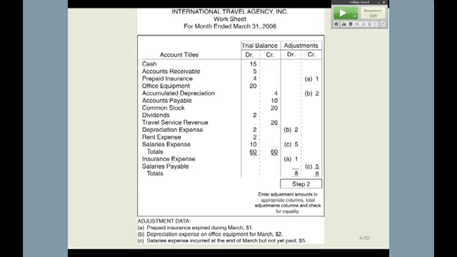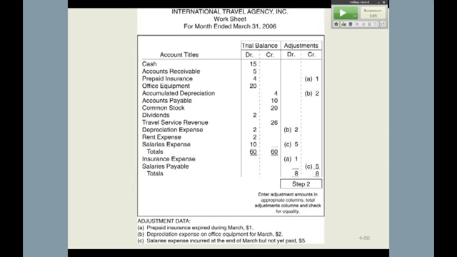The next thing we need to do is to prepare the columns for the financial statements. And we're going to wind up extending these into their appropriate columns. Now this is where it's important that you know obviously what goes on a balance sheet and what goes on the income statement. And you might get fooled into thinking that everything before revenue is a balance sheet account and everything below that is an income statement, but notice in the adjustment process you opened up an expense and you also opened up a payable account.